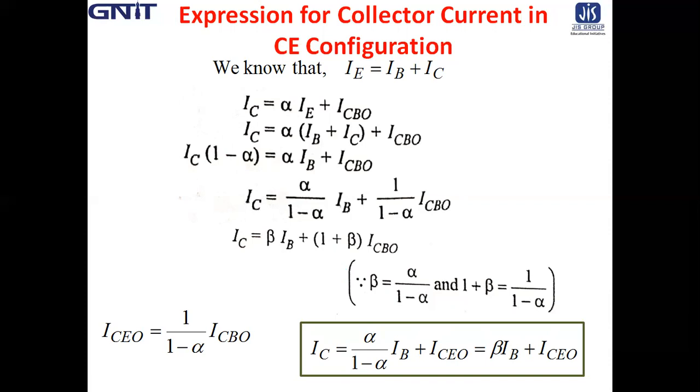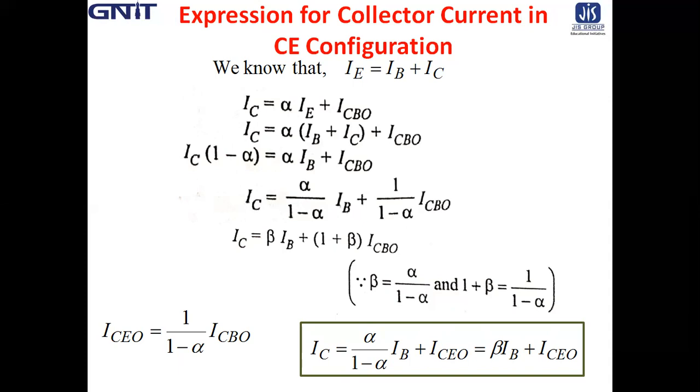Now ICEO: if base current IB is 0, which is very small, in the range of microampere, so it can be taken as 0. In that case, the base emitter junction is open, and the collector current IC is basically due to the leakage current ICEO.